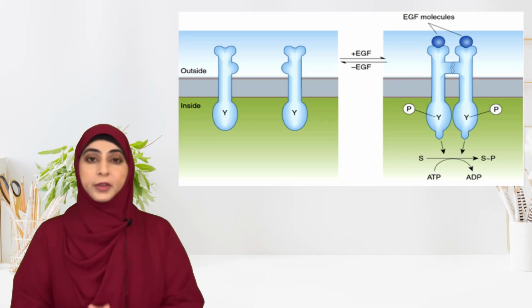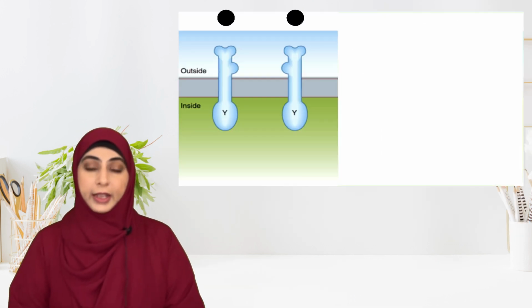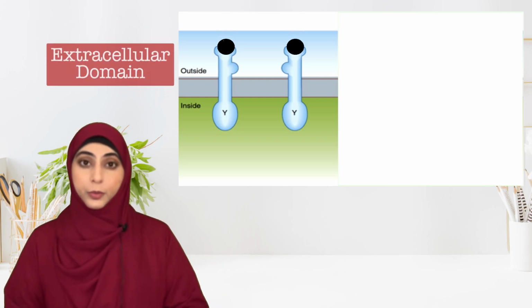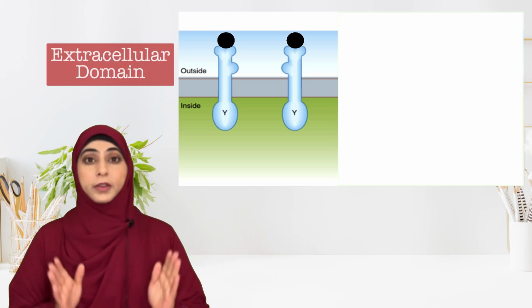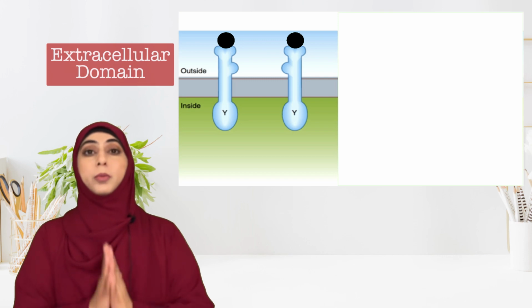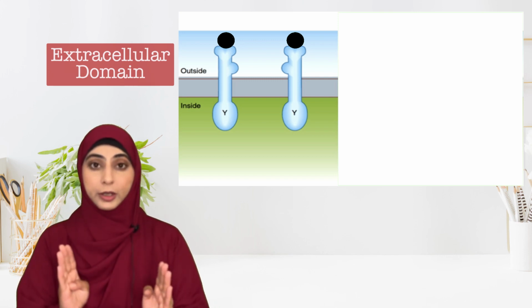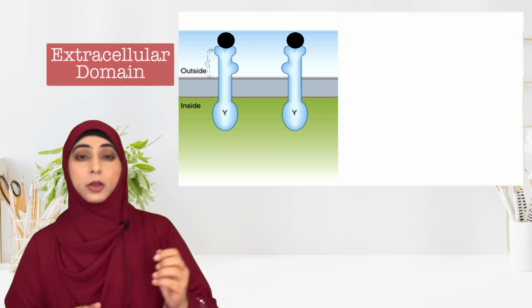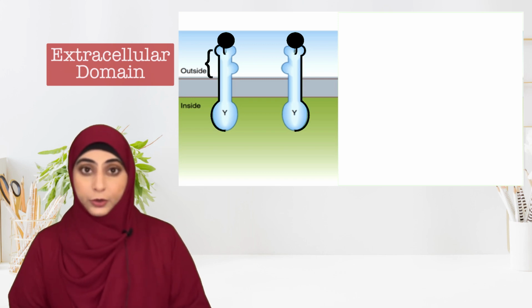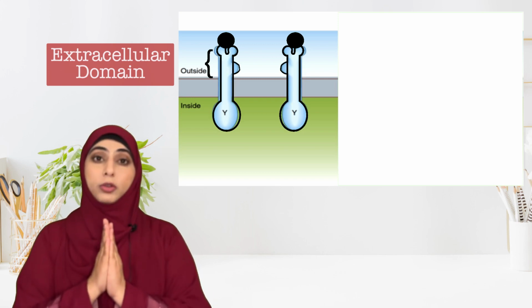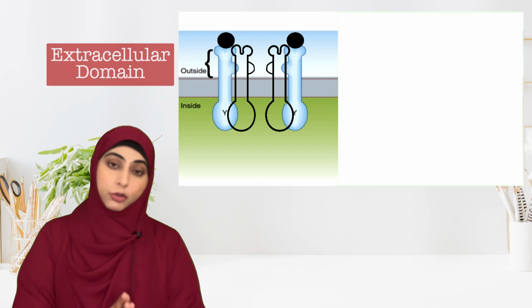The mechanism is such that when a drug or ligand binds to the extracellular domain जो exposed है, it causes dimerization of two monomers. दो molecules जो अलग अलग पड़े होते हैं, addition or binding of a ligand to the extracellular domain causes dimerization of the receptor, which causes activation of the receptor.